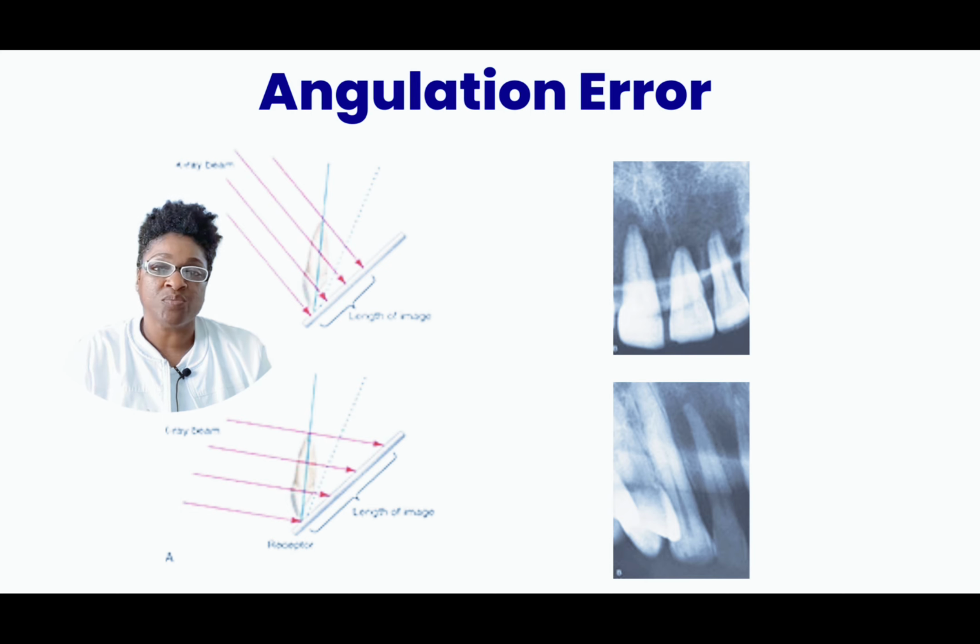And so again, just remember, over angling the PID where you're cutting it too far up or too far down, depending on which arch you're in, is going to result in a short tooth. If the tooth comes out long, which is going to be the bottom image, elongation, that's going to be a result of you not angling it enough.